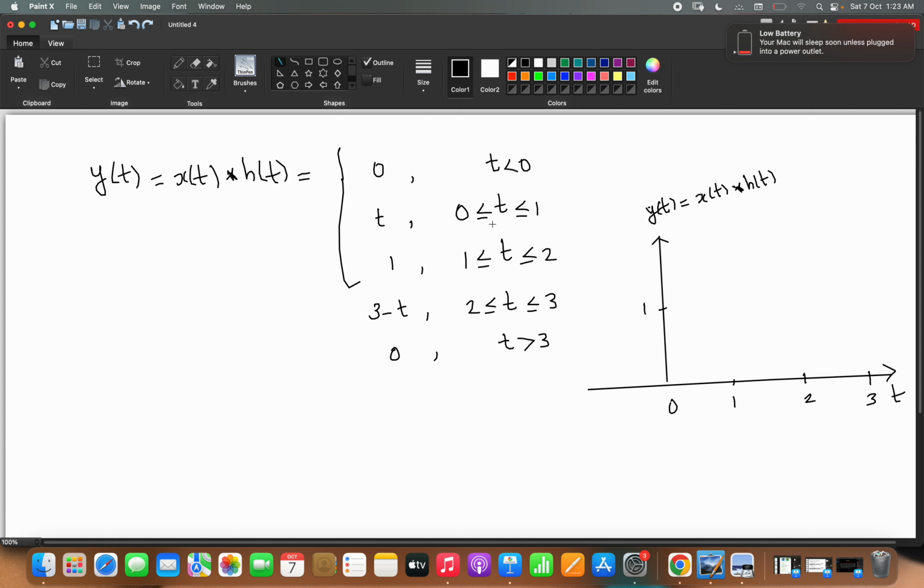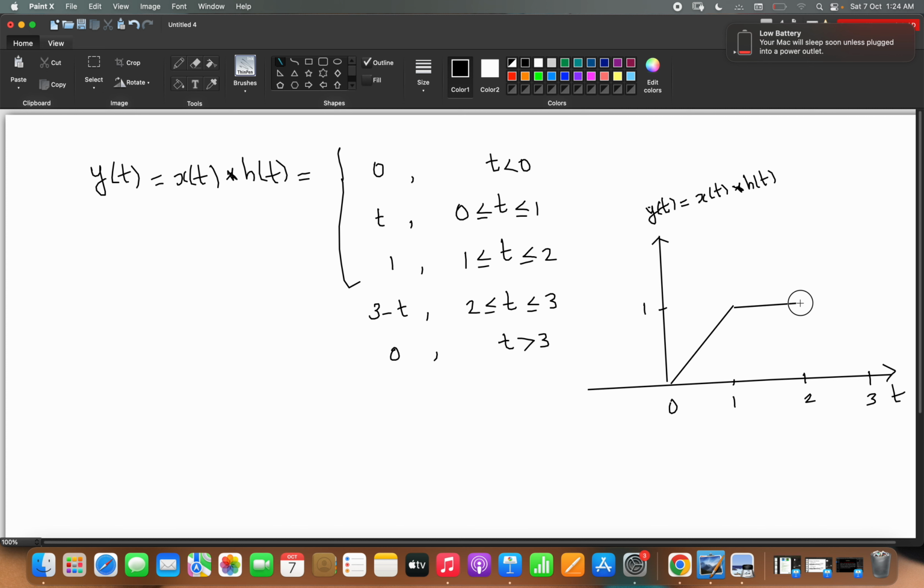Here, y of t equals 0 for t lesser than 0, so obviously nothing will be available on the left side of the y-axis, and y of t equals t for t greater than 0 and lesser than or equal to 1, which is nothing but a ramp function for the period 0 to 1. And for t greater than or equal to 1 and lesser than or equal to 2, the value of y of t is equal to 1.